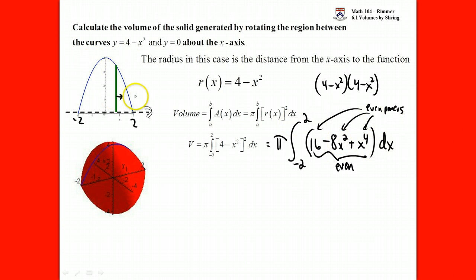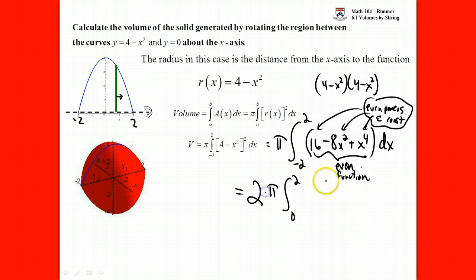Not this picture here, but this formula has a graph that is symmetric with respect to the y-axis. It could also have a constant. So that's an even function. And so instead, we'll save ourselves some work and double going from 0 to 2. You don't have to. If you don't like that at all, don't do it. It's just a gift. Take advantage of it.